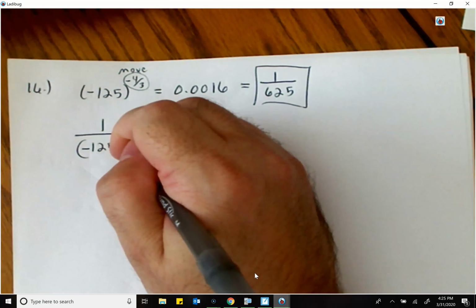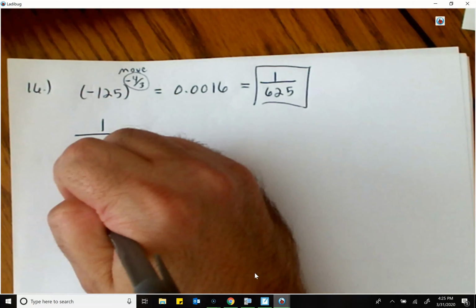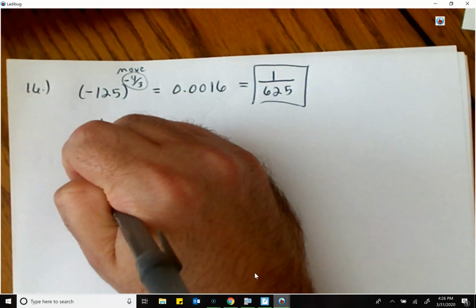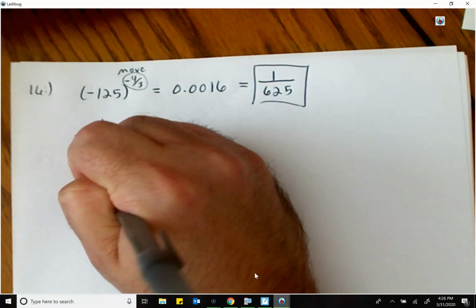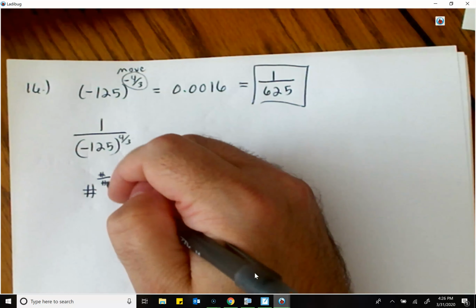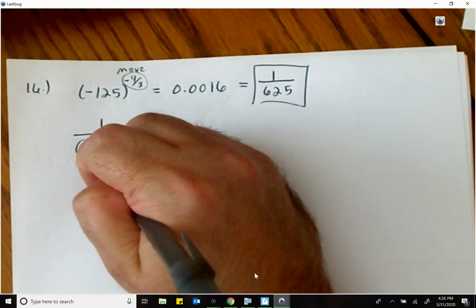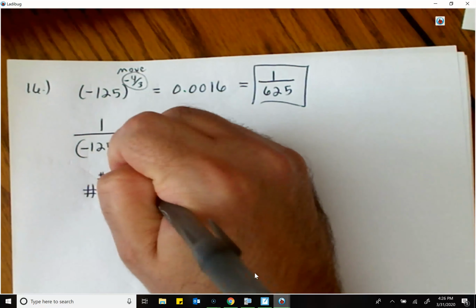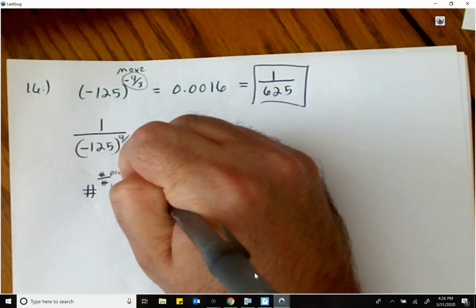So now we have a rule that says that if you have a number to a fraction exponent, what this fraction exponent, this rational exponent really is, is that this is the power of an exponent, and this is like the index of the root.